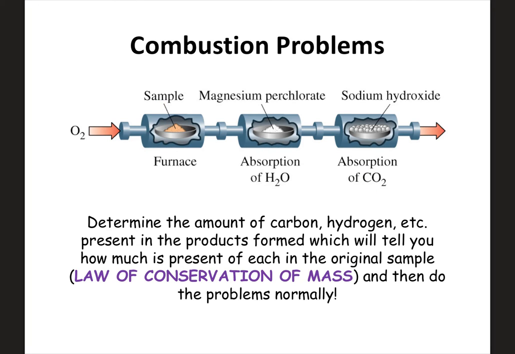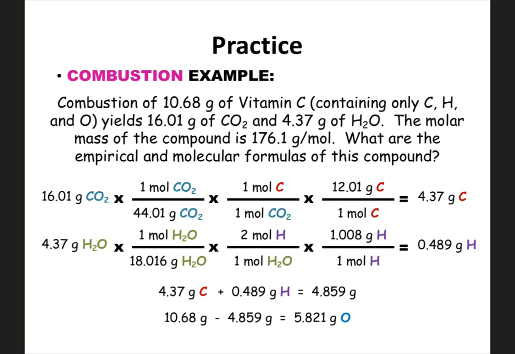The carbon had to come from somewhere. It came from your original compound. The oxygen, though, could have come from the air, so we can't look at the oxygen that way, but you could still figure it out. So these problems are using this idea of the law of conservation of mass. Let's look at one of these empirical molecular problems that's a combustion type.